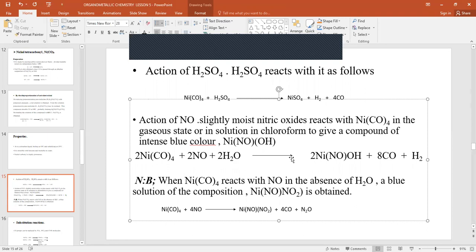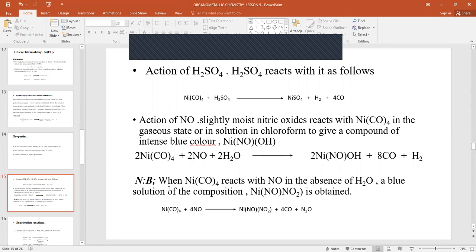The equation is given below. There is a point to note here. When nickel tetracarbonyl reacts with nitrogen monoxide in the absence of water, a blue solution of this composition is obtained.